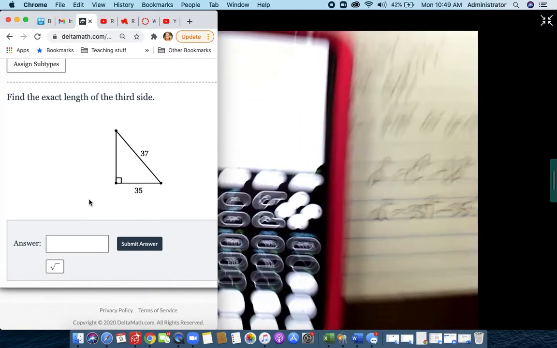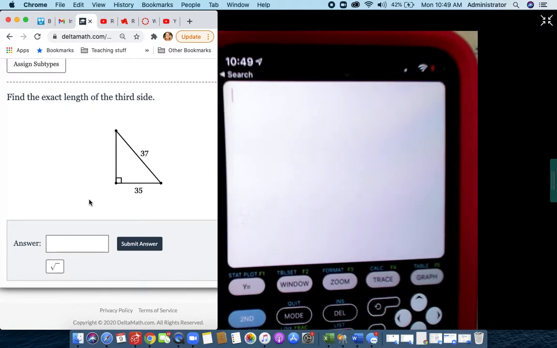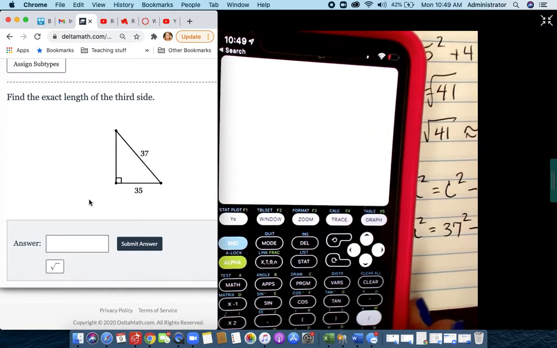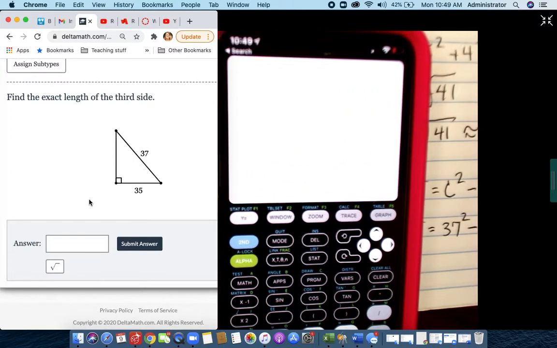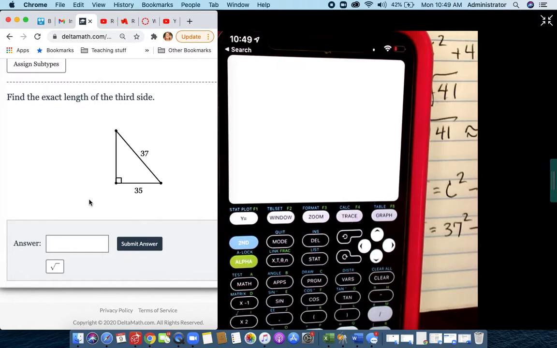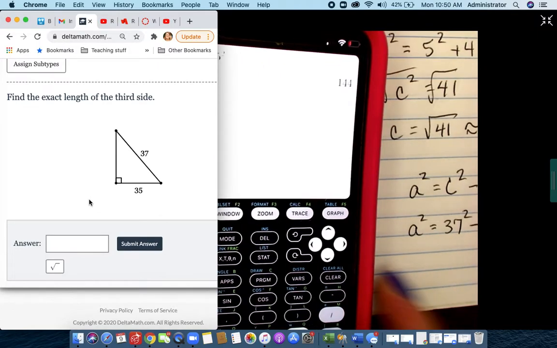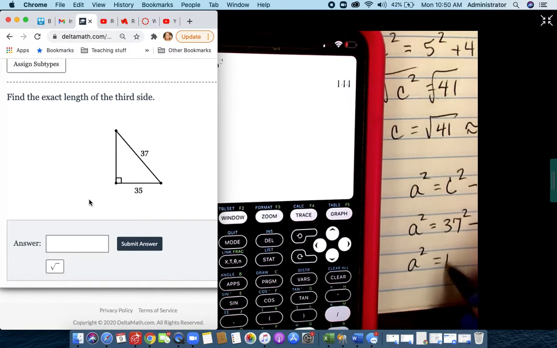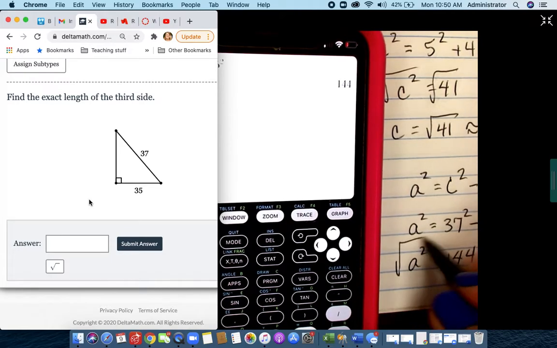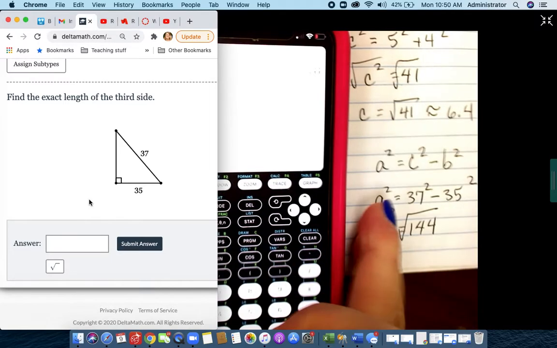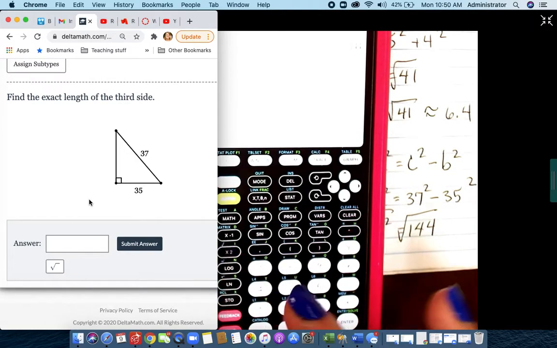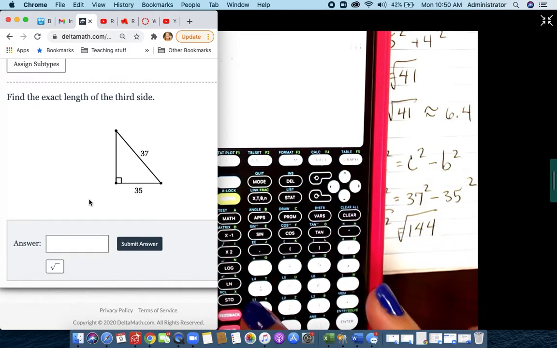So that means we are not rounding any decimals. So I'll come down here and type in, focus this a little bit for you again. All right, so 37 squared minus 35 squared, and I get 144. Oh, we should recognize that as a perfect square. When I take the square root of both sides, the square root of 144 equals 12.